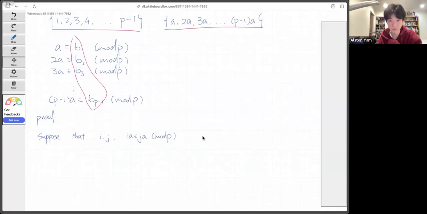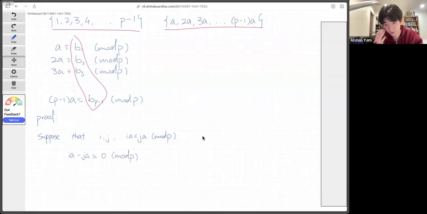So ia is congruent to ja under mod p. Let's use our subtraction property from before. So let's subtract ja from both sides. We have ia minus ja, and that will be congruent to 0 mod p.